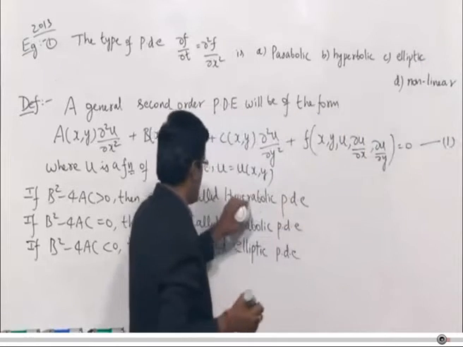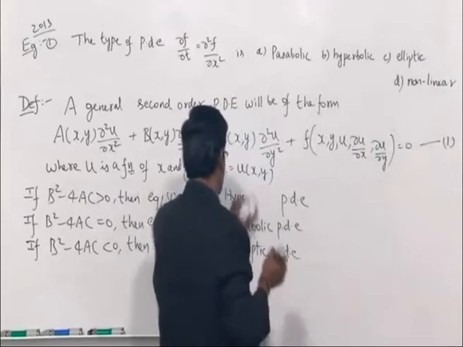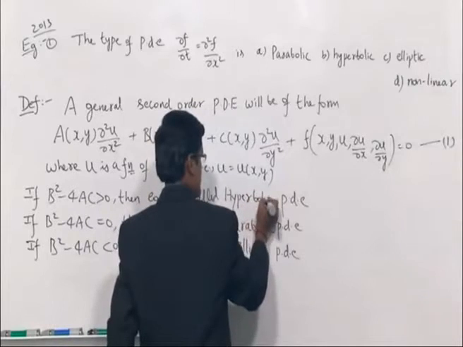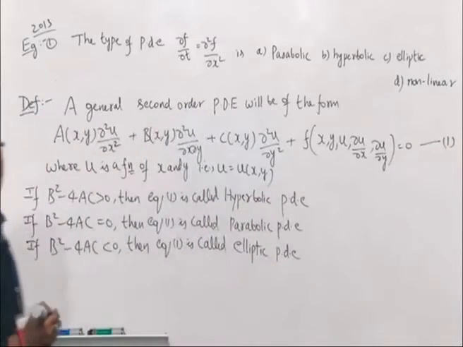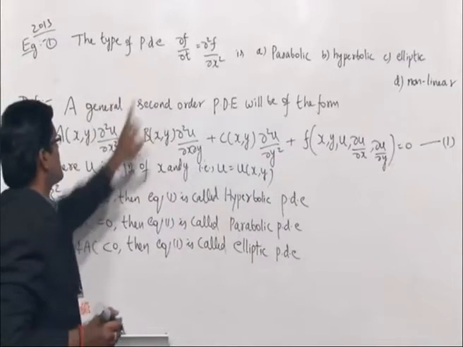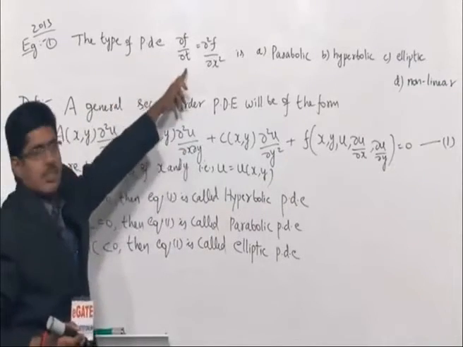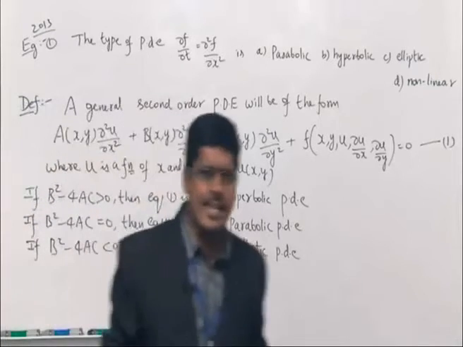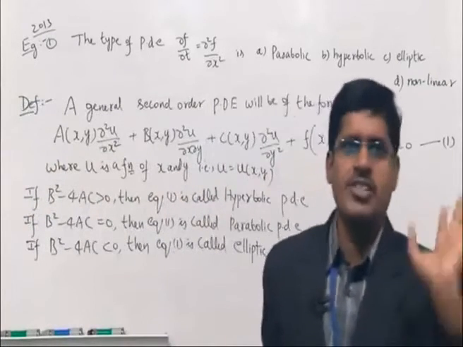Just write here, hyperbolic spelling is hyperbolic PDE. Now instead of u it is given f variable, x is original, and instead of y it is t variable. Here the independent variables are x and t, the dependent variable is f function. Okay.